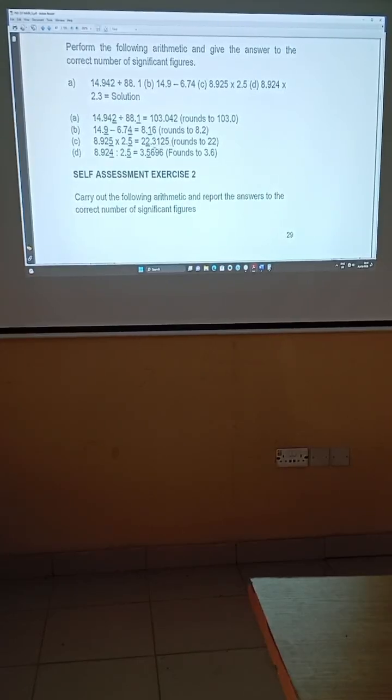So for 22.3125, we are dropping 3. What was underlined is 2. 3 is not up to 5. It's less than 5. So we round it down. We call it 0. 0 plus 2 is also 2. So what we have left here is 22. We rounded 3 down because it's not up to 5.